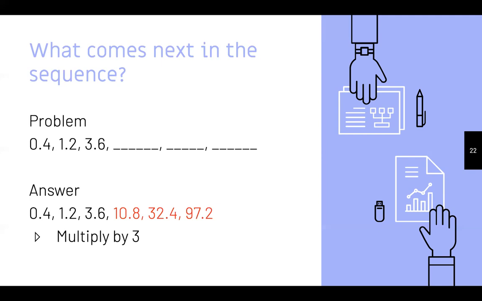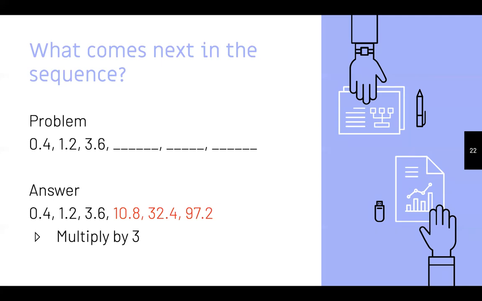Carry down the 0 and the decimal point, so it's 0.8. And you might think that's it. You might think we're adding by 0.8. But if we did 1.2 plus 0.8, that's 2. And that's obviously not 3.6.